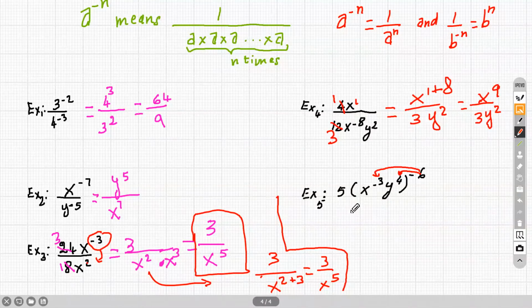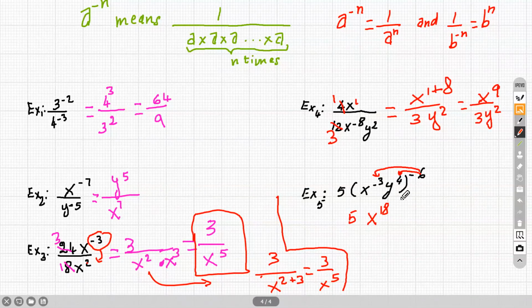So now we'll have 5, and then I'm going to distribute. -6 times -3, negative times negative is positive, so that would be x to the positive 18. 3 times 6 is 18.